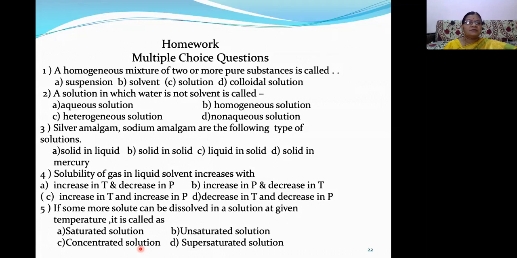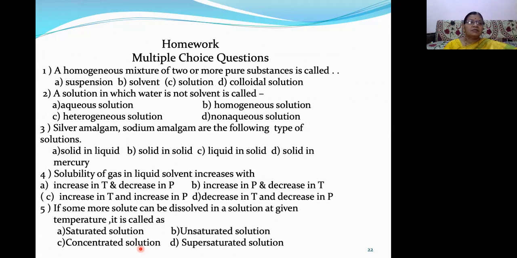Suspension is different. Solvent is the larger portion of the solution. Solution is the definition, which is the stem of the question. Colloidal solution is quite different, depending upon the size of particle. So the correct answer is the solution.